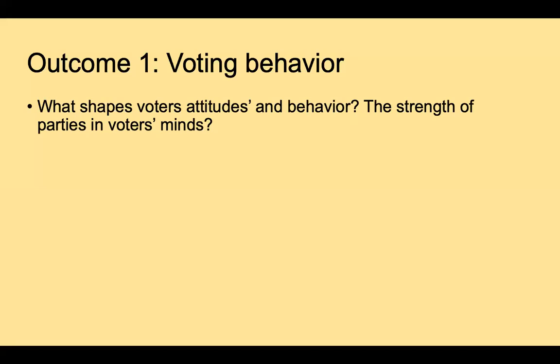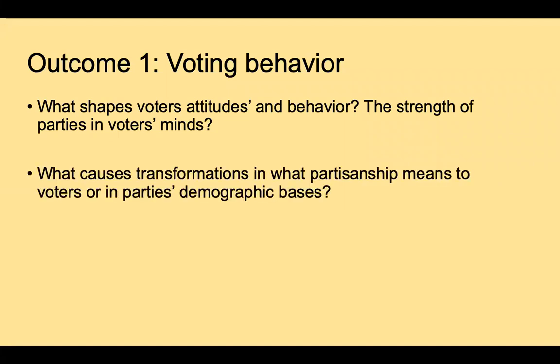Similarly, what shapes the strength of parties in voters' minds? What explains their attachment to a party or their lack thereof? What causes transformations in what partisanship means to voters or in parties' demographic bases? Why is it that whole groups of people will abandon a party or a set of parties in favor of an alternative?